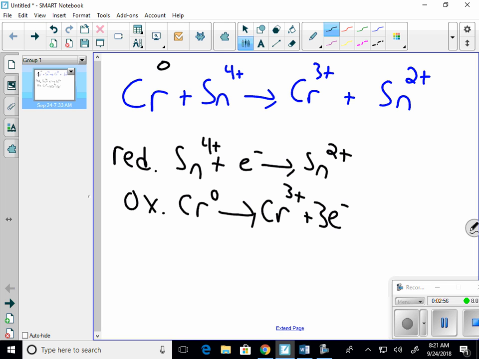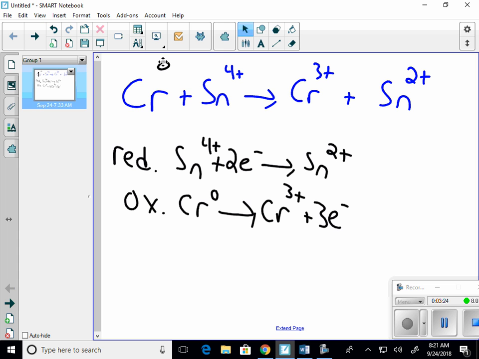Doing a little math here, that would be 2. This would be the reduction half reaction. So this is the first new little tweak that we have to introduce to you guys. Not only identifying what was oxidized and what was reduced, but we can write these small half reactions.